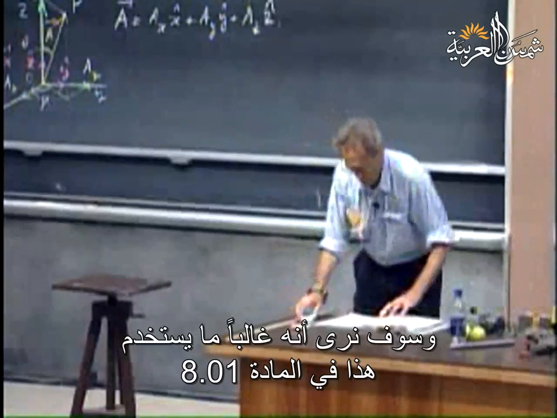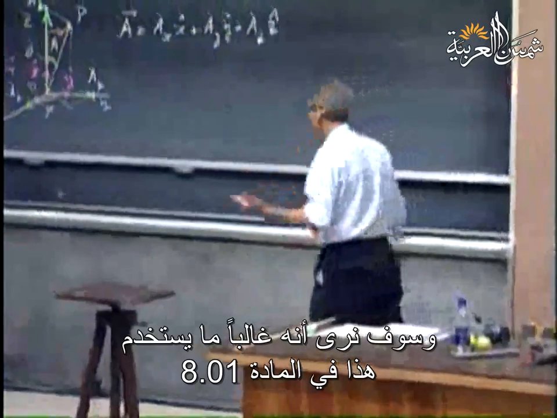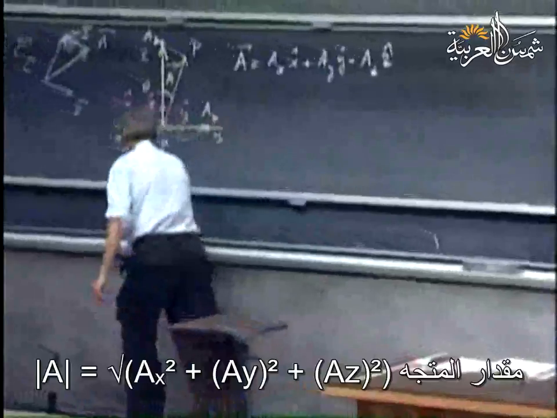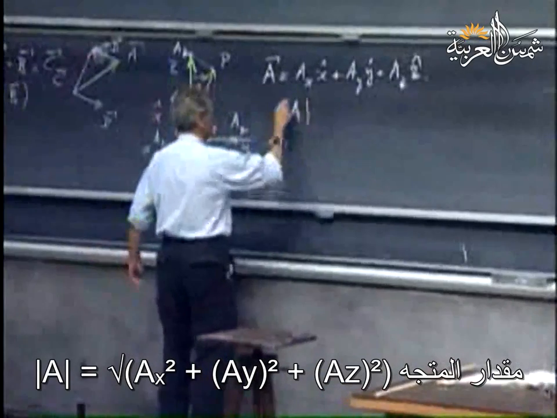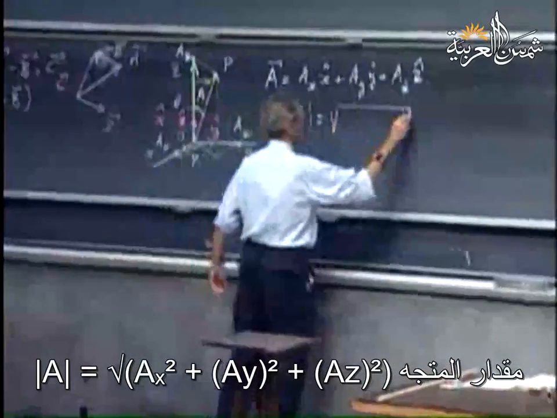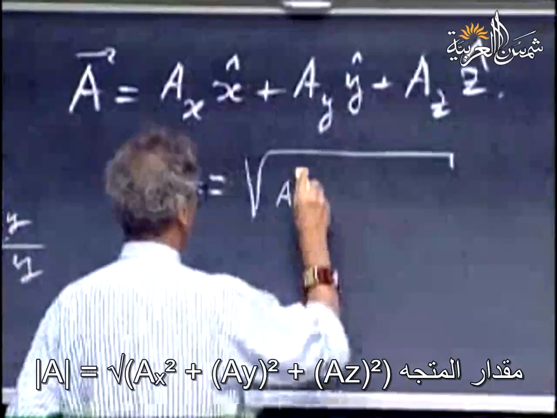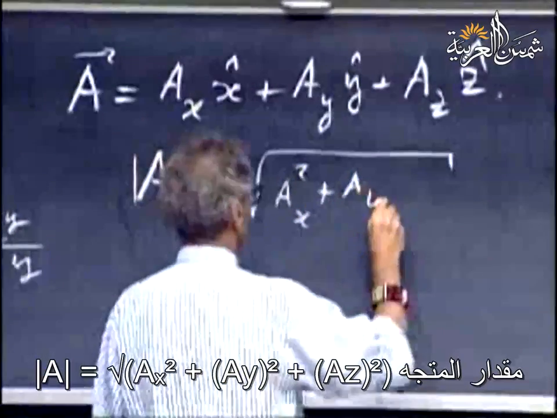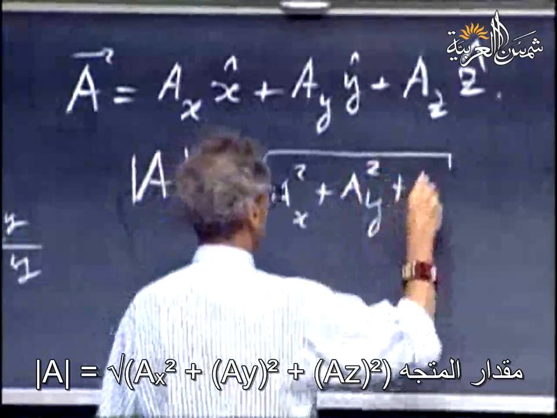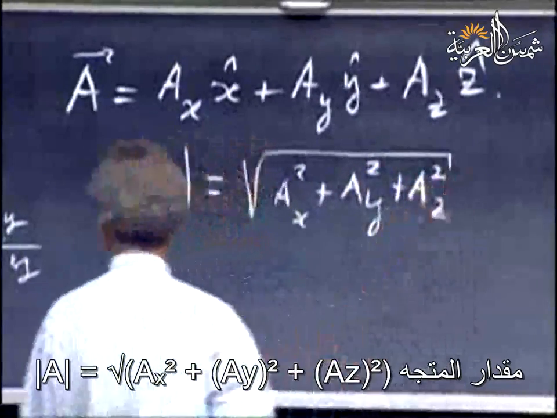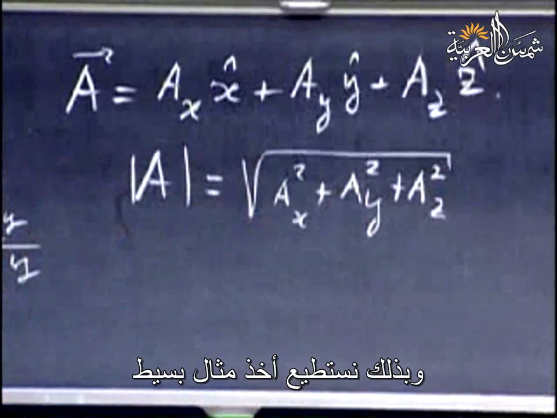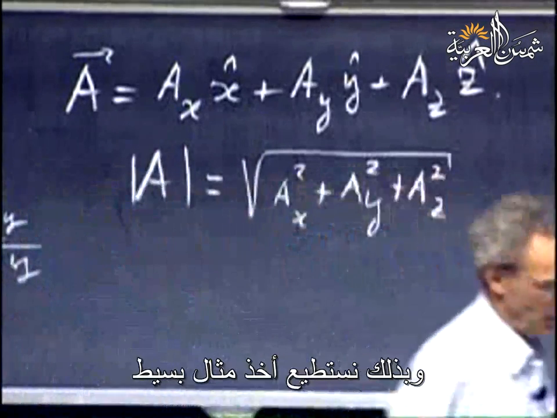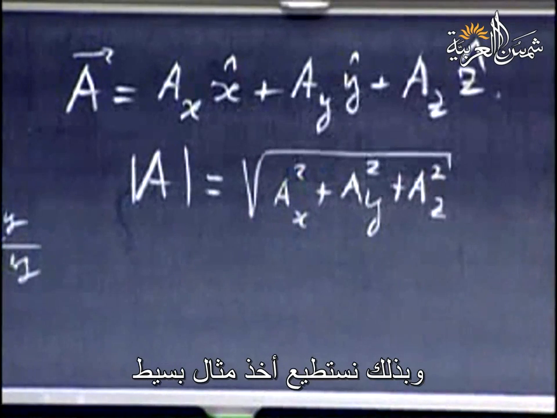And we will see that very often this is of great use in 801. The magnitude of the vector is the square root of A of x squared plus A of y squared plus A of z squared. And so we can take a simple example.